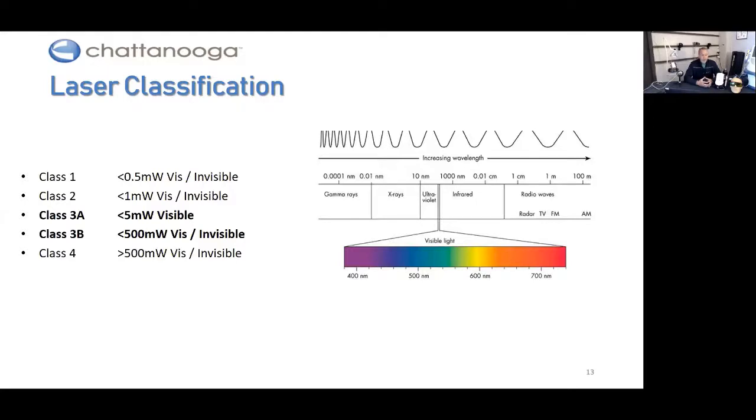So the laser classification and why we have high and low power laser is more sort of marketing or industry, where we don't have a clear designation between high and low power, right?